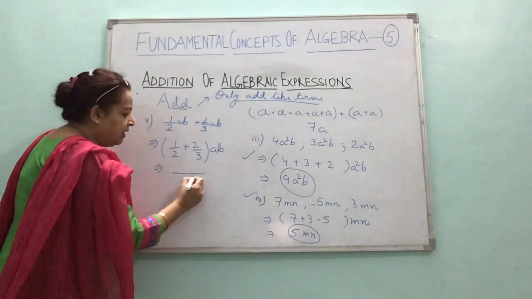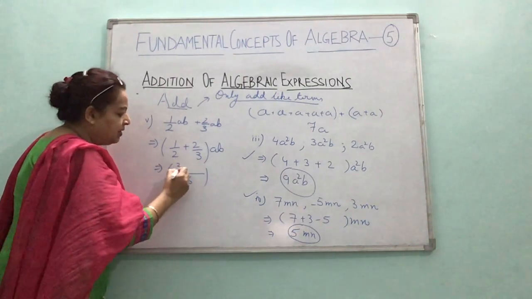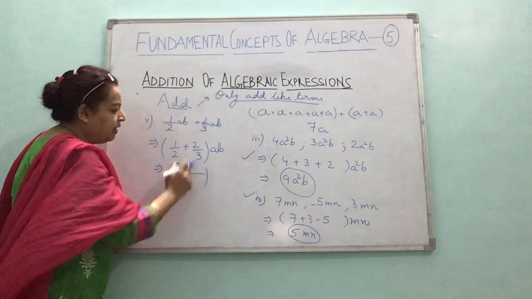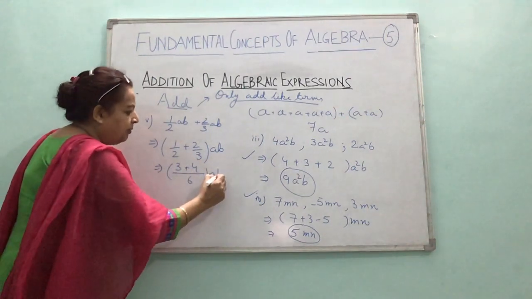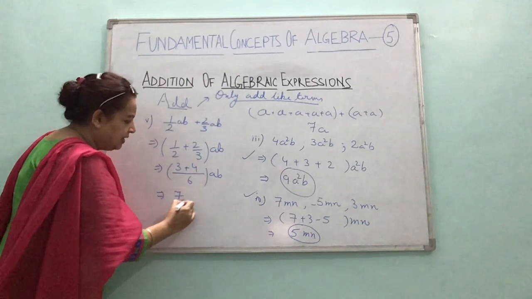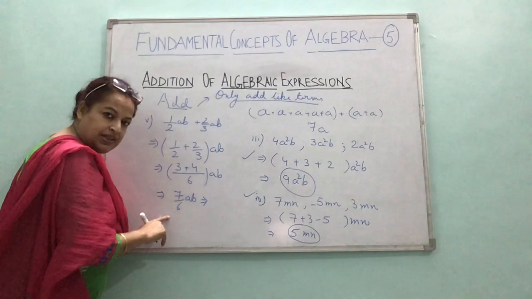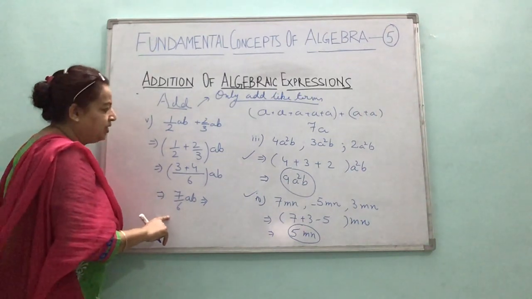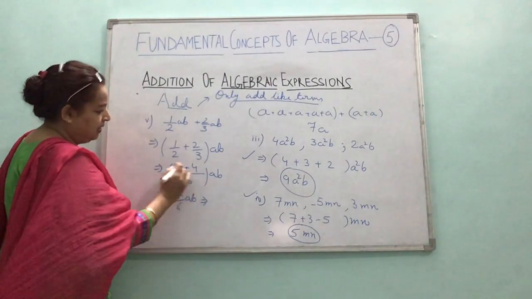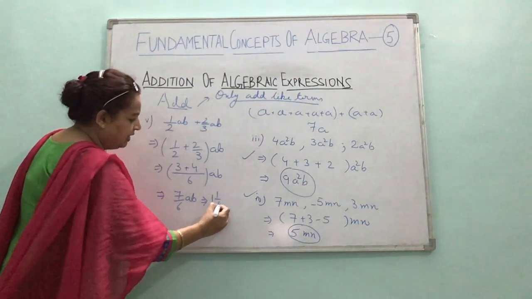We will take LCM as we do in normal fraction questions. 2 goes 3 times 3, 3 goes 2 times 4 AB. And it would be 7 upon 6 AB. We can write like this, but since it is an improper fraction, I'll write it as 1 whole 1 by 6 AB.